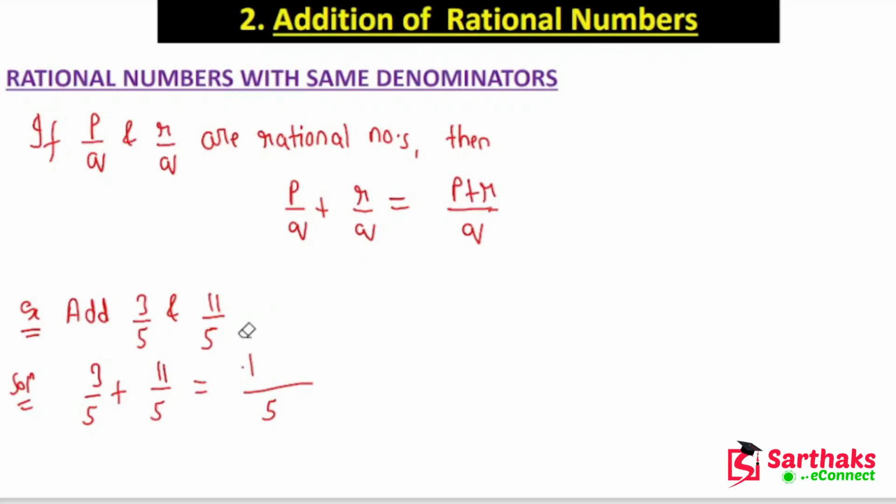So using this rule, we add the numerators, and we get 3 plus 11, that is 14 upon 5, right? So this was all about addition of rational numbers with the same denominators. Clearly it was very easy. You just have to add the numerators because the denominators are already the same. Let me present one more example.